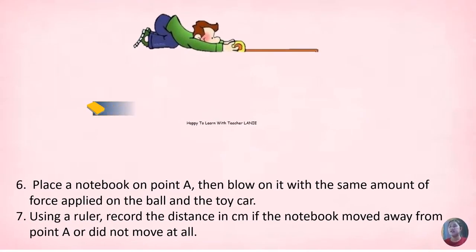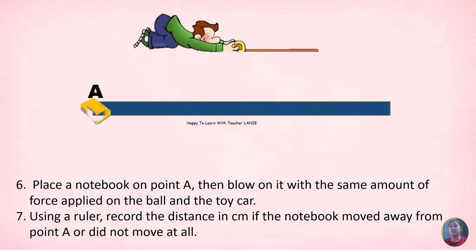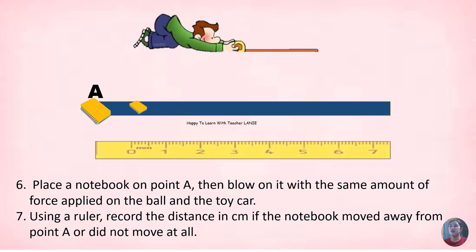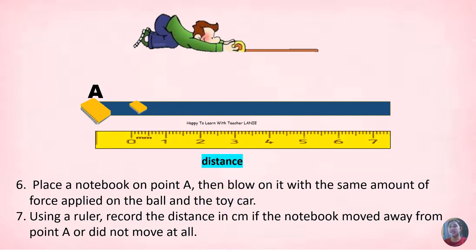Number 6, place a notebook on point A, then blow on it with the same amount of force applied on the ball and the toy car. Number 7, using a ruler, record the distance in centimeters if the notebook moved away from point A or did not move at all.